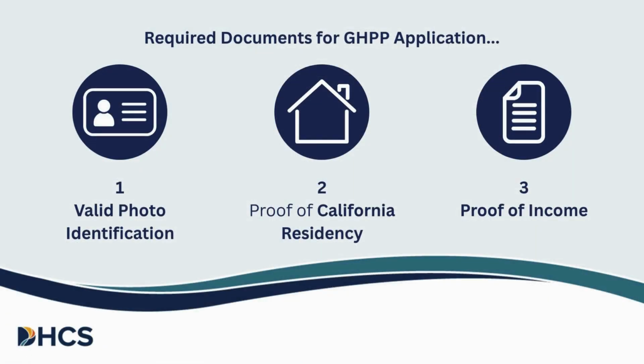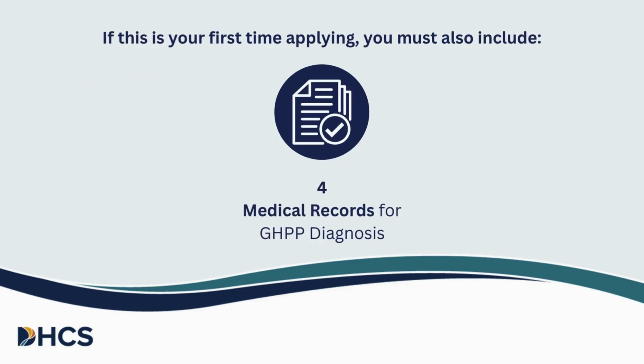Finally, if this is your first time applying to the Genetically Handicapped Persons Program, you will need to provide copies of your medical records showing your GHPP diagnosis and most recent genetic lab test results to support your GHPP eligible condition. Your doctor should be able to easily provide you these documents. Also, if you were previously enrolled in the GHPP program but have been disenrolled for over a year, you will need to resubmit your medical records.